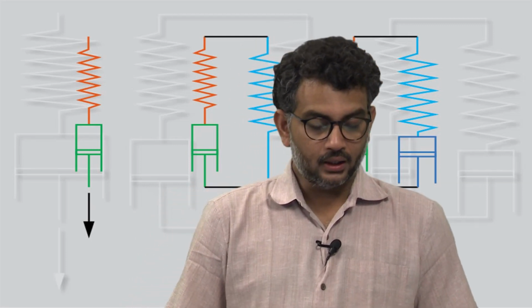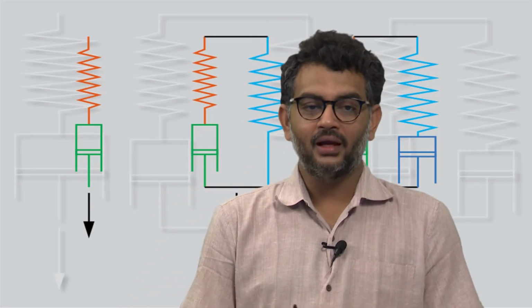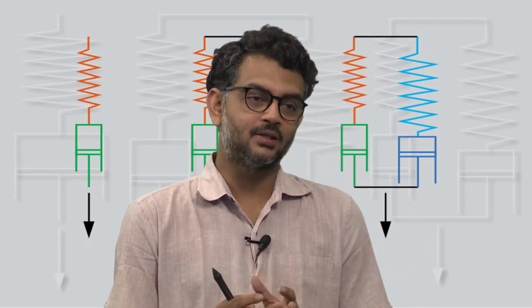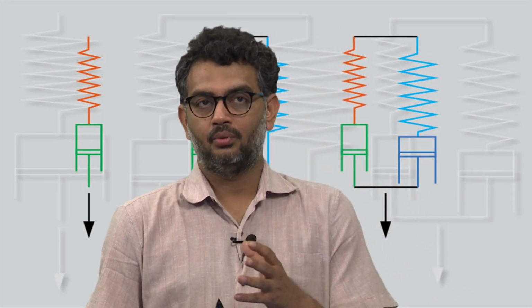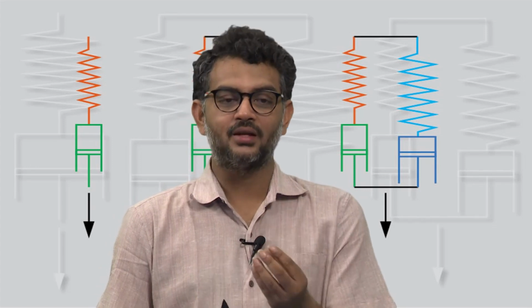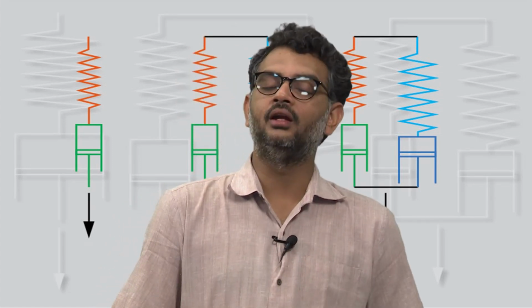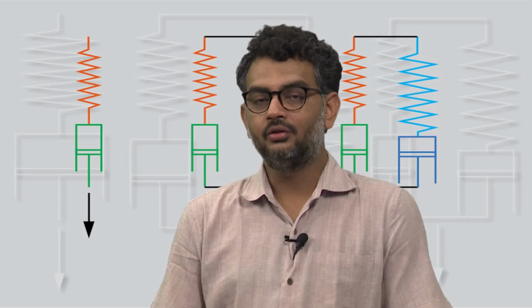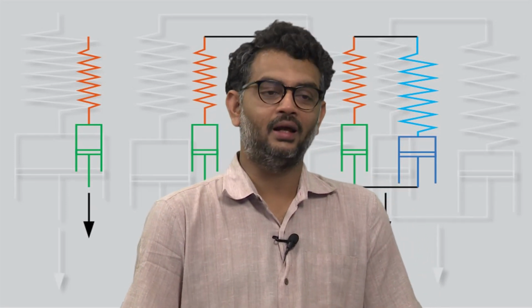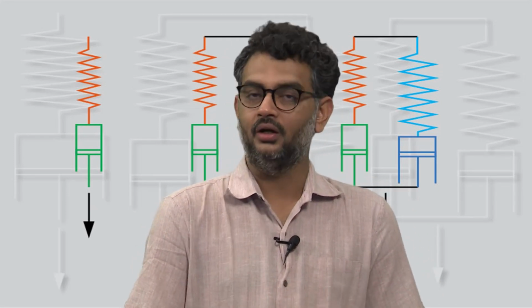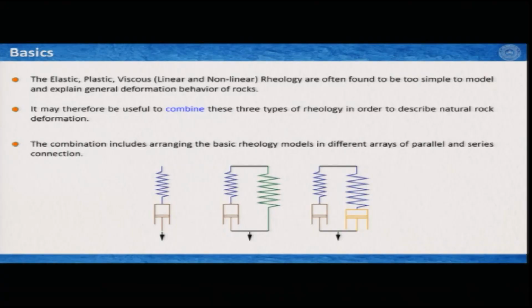The basics of complex or combined rheology are very simple: elastic, plastic and viscous, be it linear or nonlinear, are often found to be too simple to model and explain the deformation behavior of rocks under certain conditions.